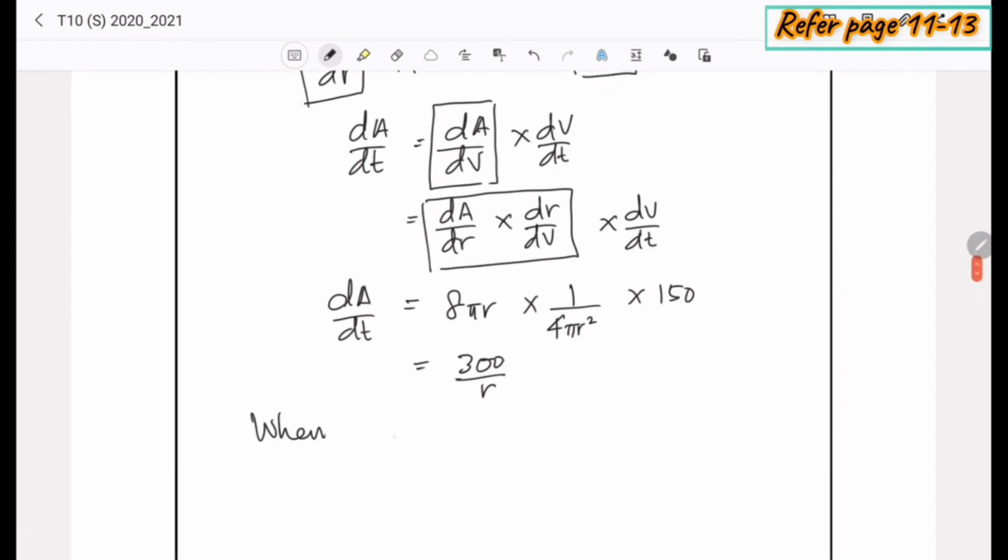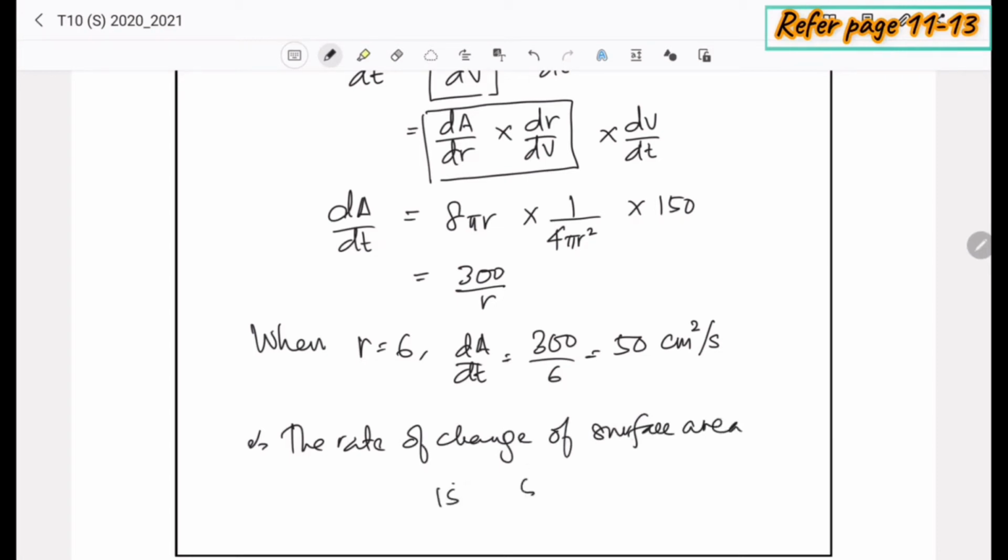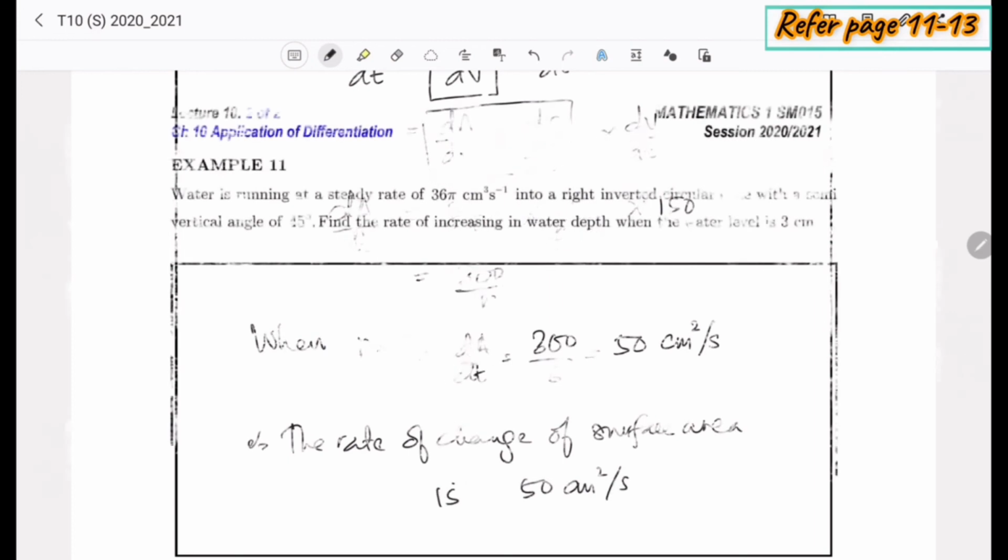When r equals 6, dA/dt is 300 over 6, so we get 50 cm squared per second. So area, power of 2. Hence, the rate of change of surface area is 50 cm squared per second.